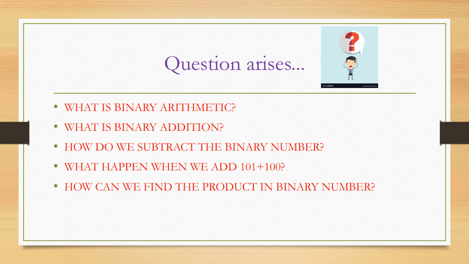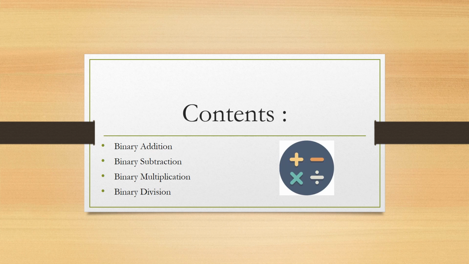This video will help us to understand the different operations which can be performed with the help of binary numbers and binary arithmetic. This video contains the following contents: binary addition, binary subtraction, binary multiplication and binary division.